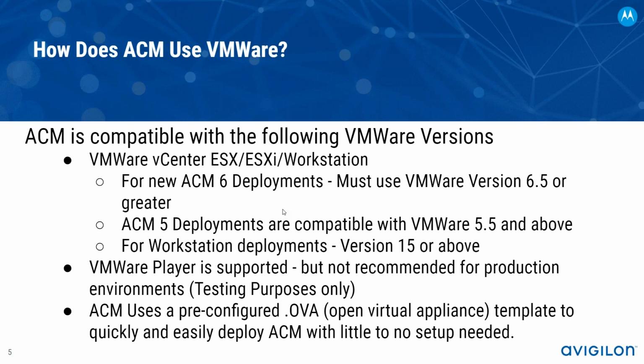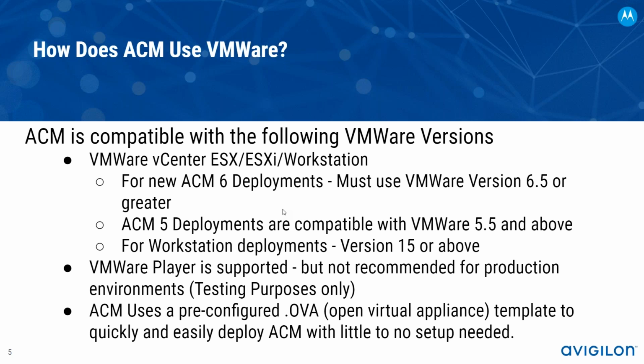If you are deploying a brand new ACM 6 deployment of the platform, you must be running version 6.5 or greater of VMware ESX or ESXi. If you deploy an ACM 5 version of ACM in VMware, we are backwards compatible to VMware 5.5 and above.